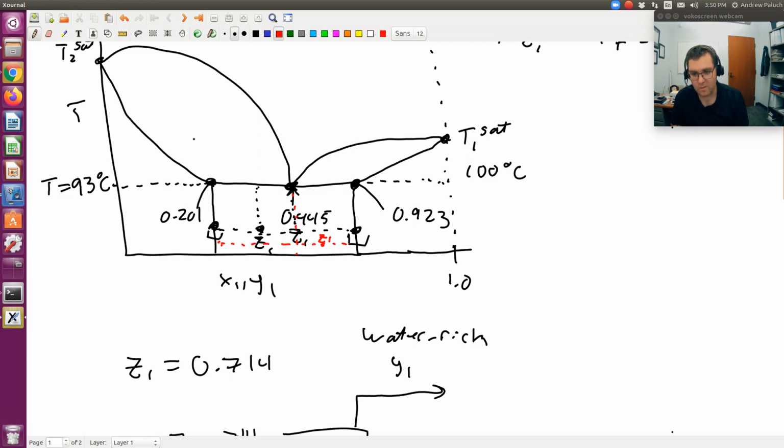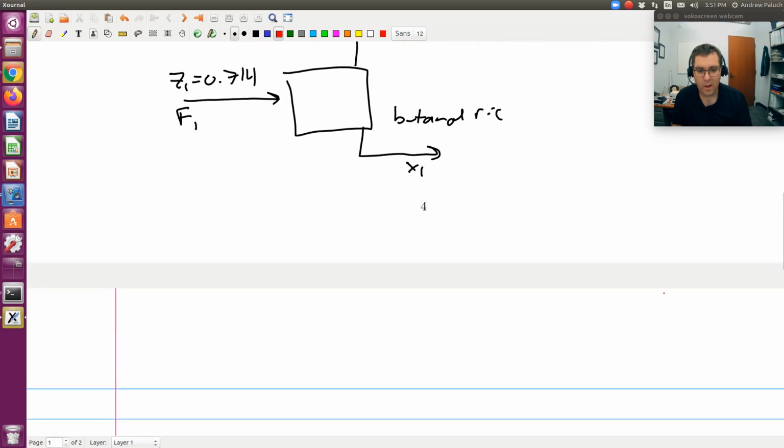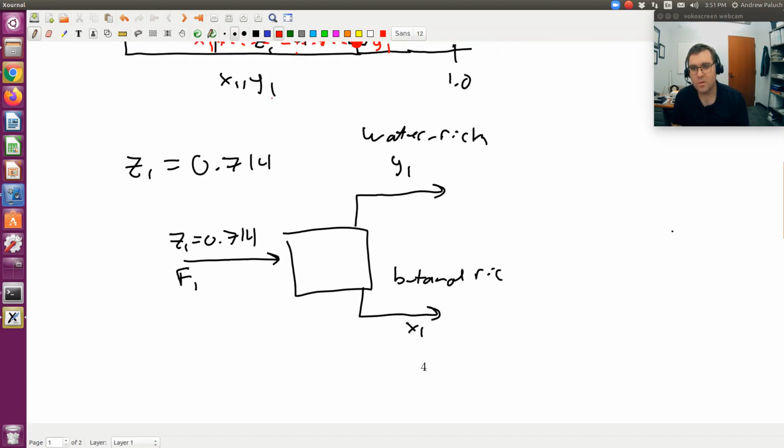So I'll get phase separation along this isotherm, where using this notation I'll have this Y in equilibrium with this X. Okay, so Y, change the colors back, would be 0.923. X would be 0.201. Okay, and I'll label this as L and V.